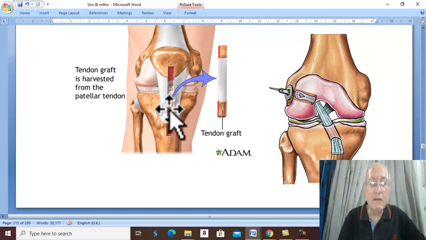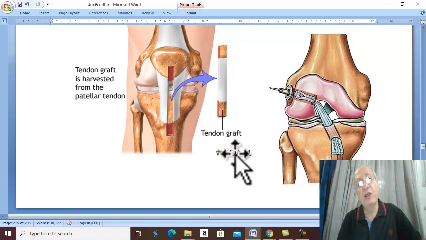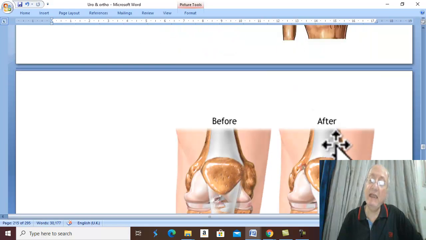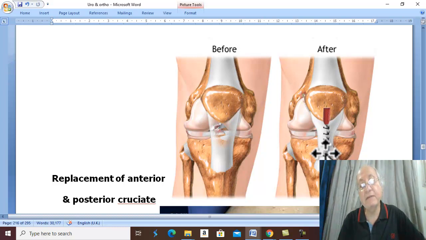We take the middle third of the patellar ligament with part of bone below and above, and we make a tunnel between the femur and tibia to insert the new ligament. At the end of the operation, there is very easy repair of the patellar ligament.